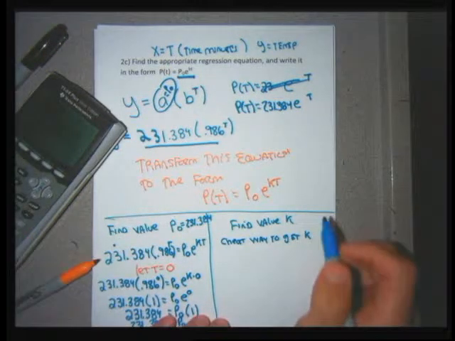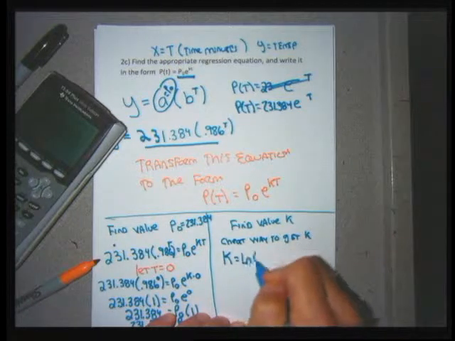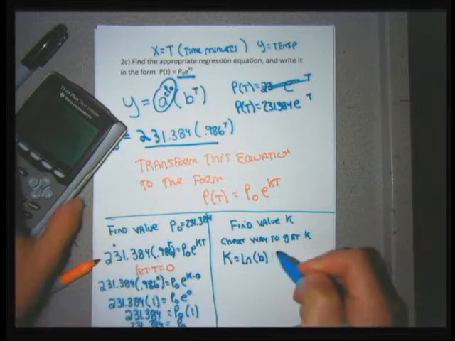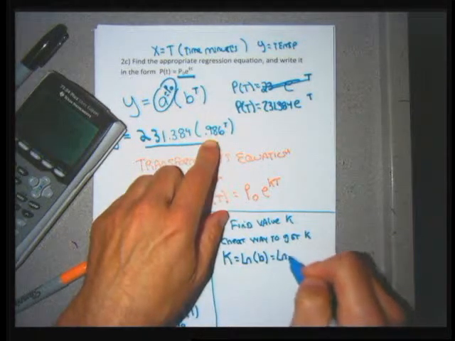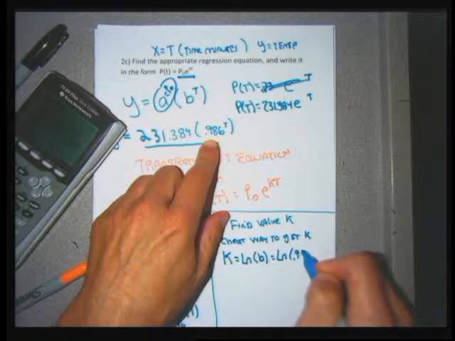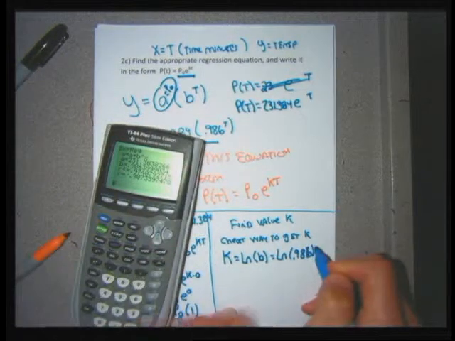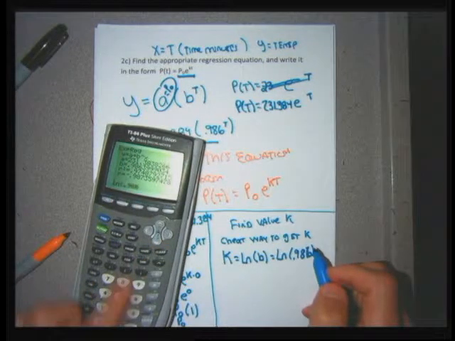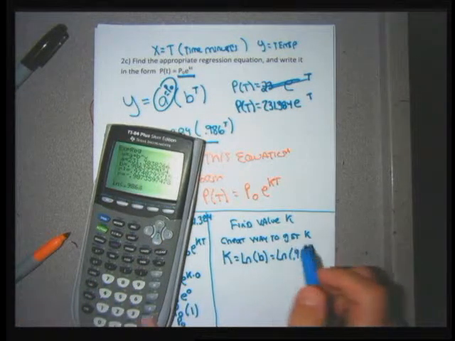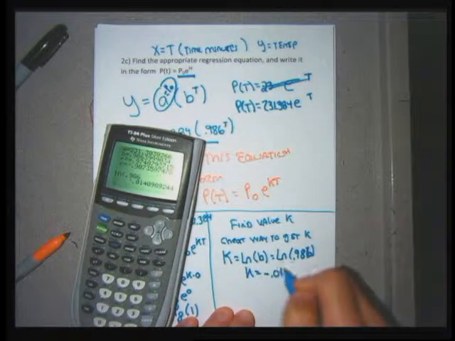The cheating way to get the K that I need is just going to be the natural log of what my calculator calls B. My calculator called B 0.986, so this is going to be the natural log of 0.986, because 0.986 is the B. If I take the natural log of 0.986, I get the K is negative 0.014.